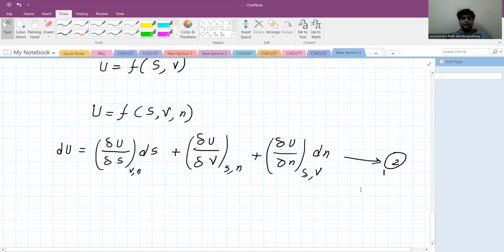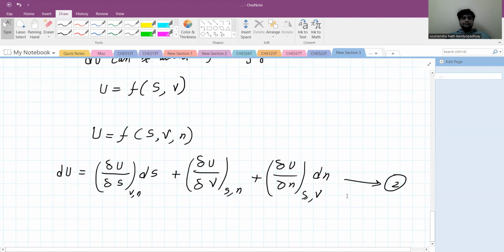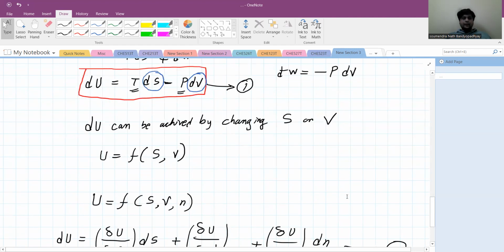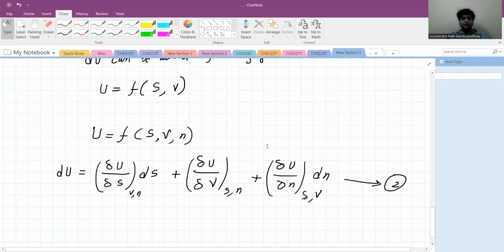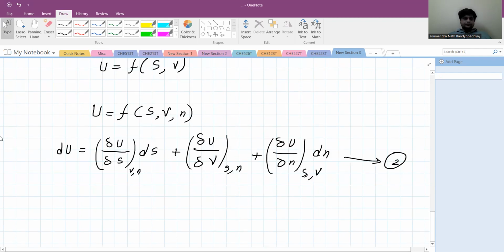If you compare equations 1 and 2 term by term, dS is associated with T in equation 1 and with del U del S in equation 2. So they must be equal. So temperature is nothing but del U del S at constant volume and moles.